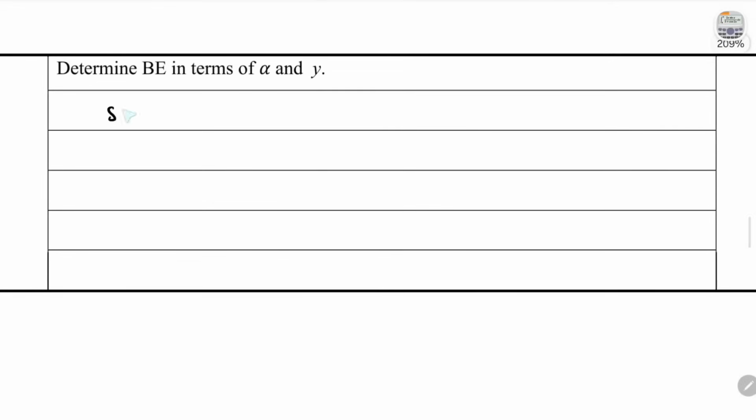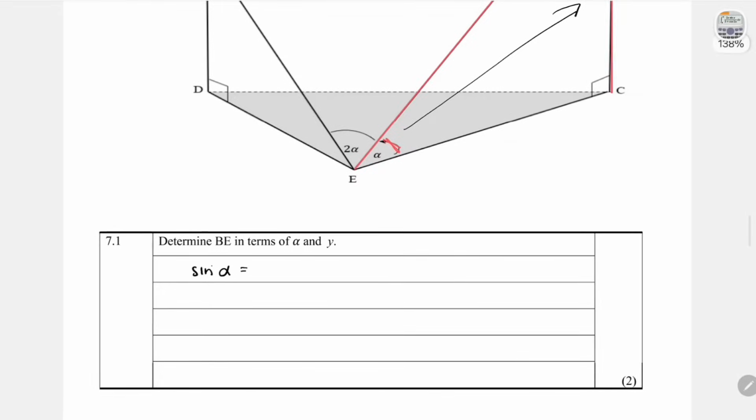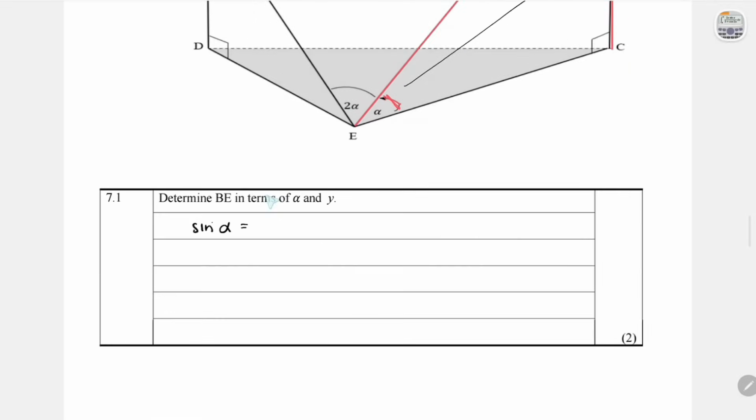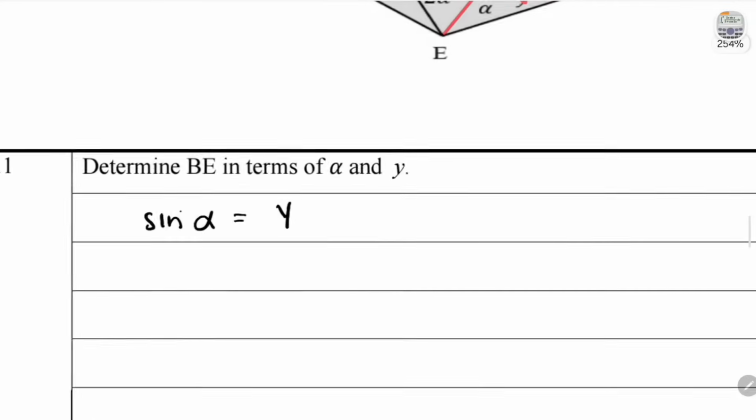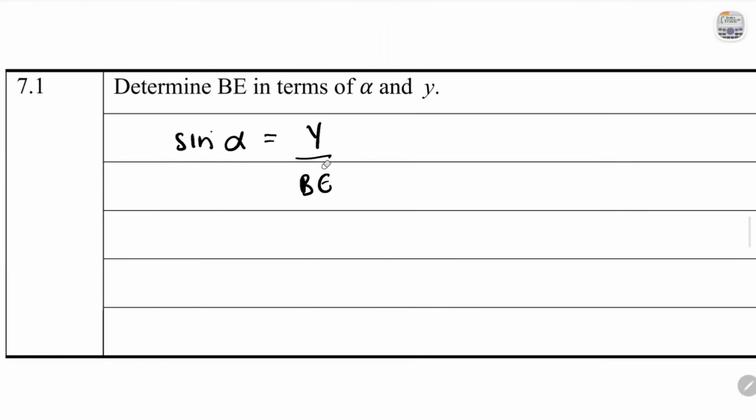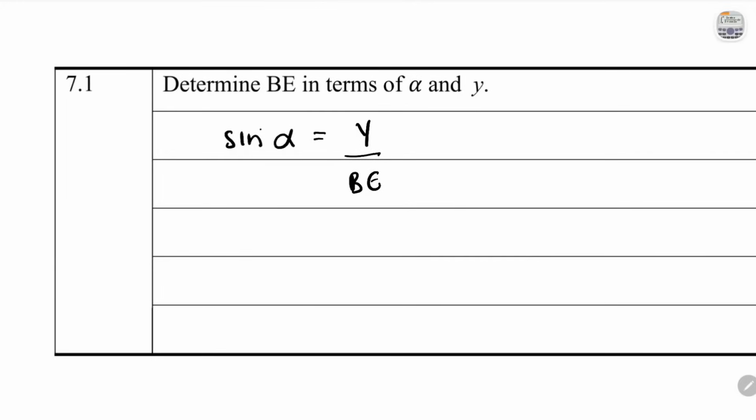So sine of our reference angle alpha is equal to the opposite over the hypotenuse. That is BC, which is y, over our hypotenuse, which is BE. All we have to do here is make BE the subject of this formula. You can cross multiply, or see it as transposing.